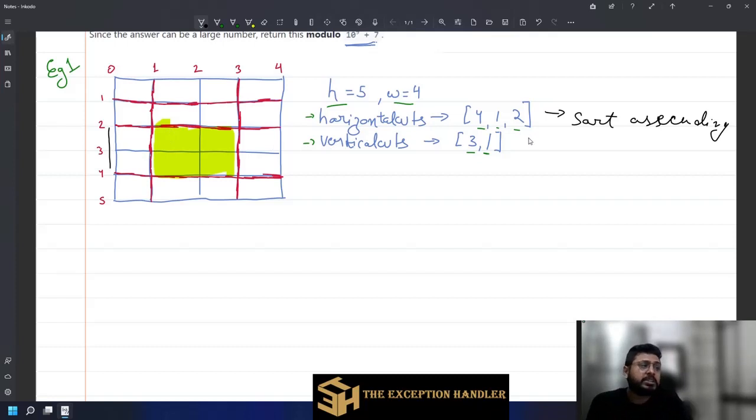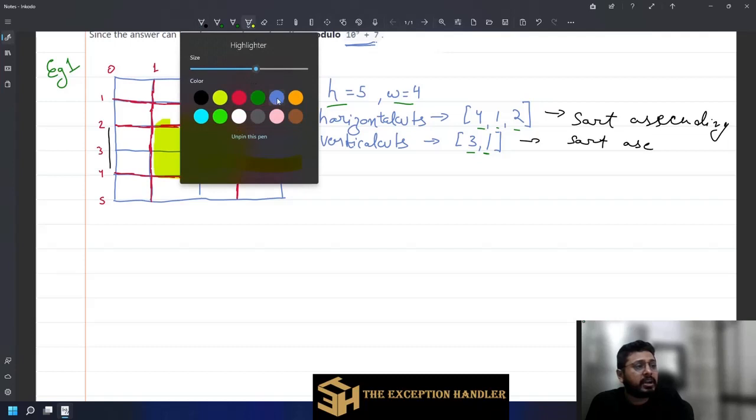Now if I do the same for the vertical cuts, sorting them again in ascending order, I would get the maximum width of the cake. Now I know this is the maximum width that can be there, so the cake would definitely be picked up from this area. I'll highlight this area with orange, let's say.